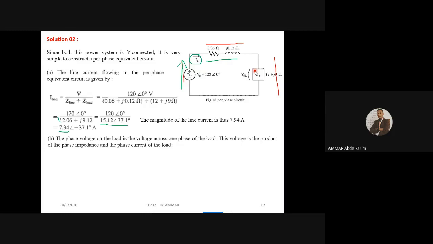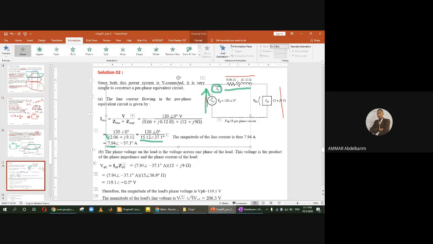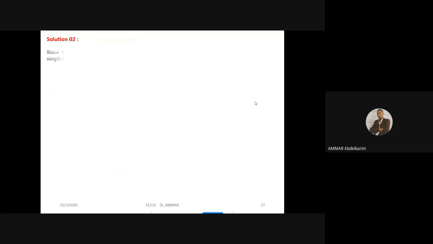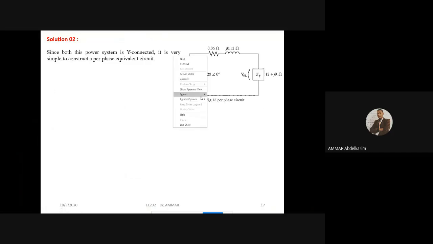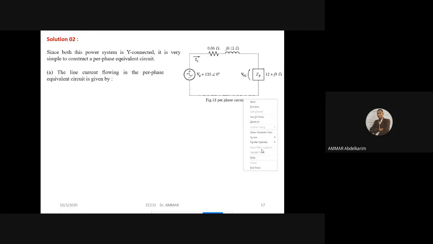This voltage is the product of the phase impedance and the phase current. If the transmission line is neglected, the voltage of the source is the same as the voltage across the load.